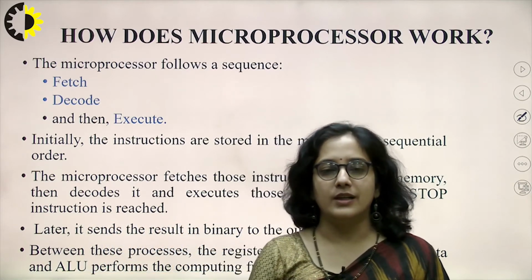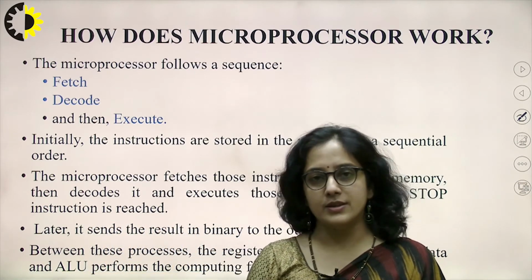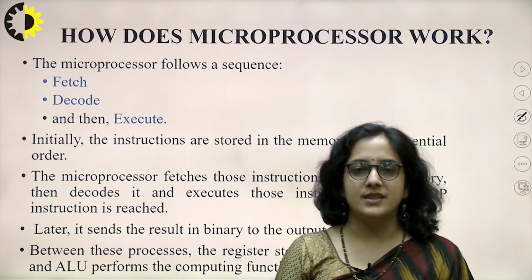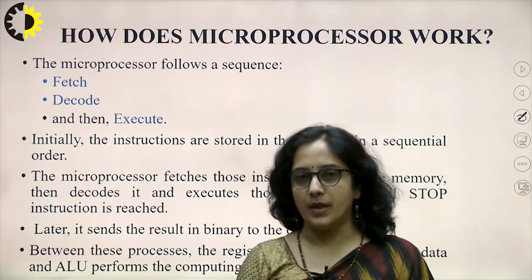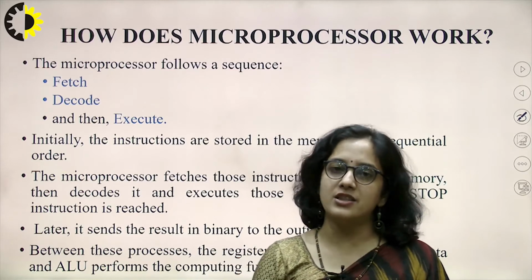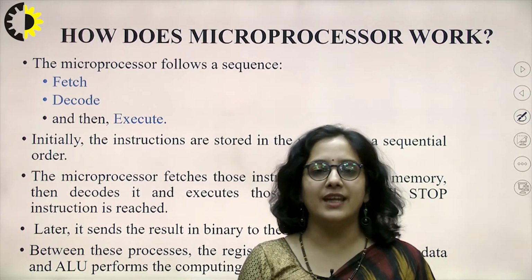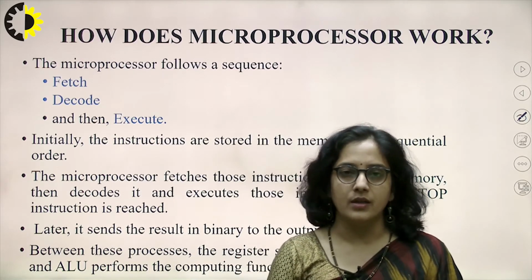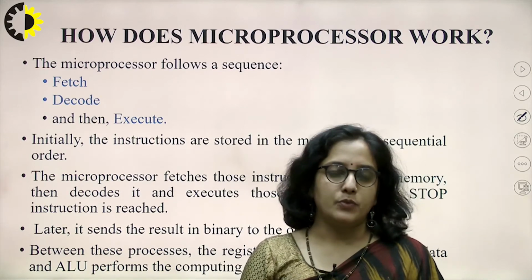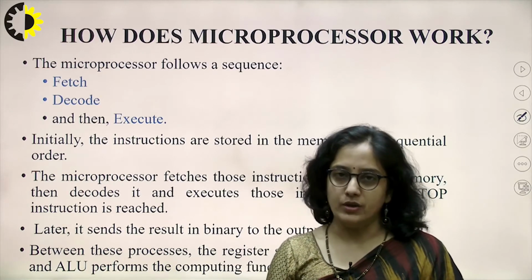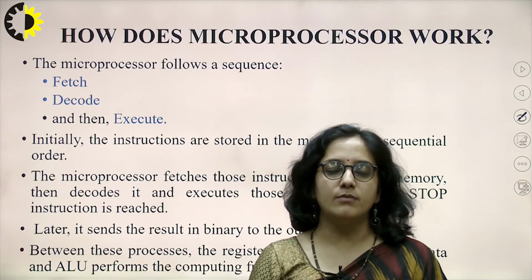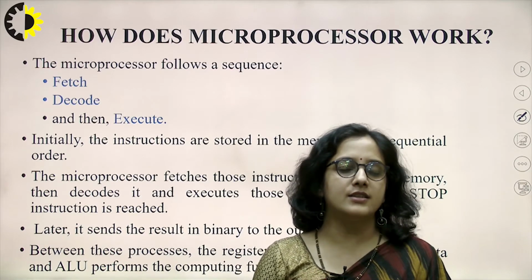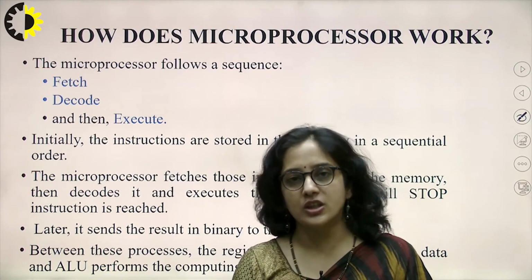As I told you earlier, in a microprocessor there are some instructions that we have written in the memory, and the microprocessor fetches those instructions, or you can say takes those instructions from memory. That process is known as fetching an instruction. After fetching that instruction, the microprocessor has a register known as the instruction decoder.